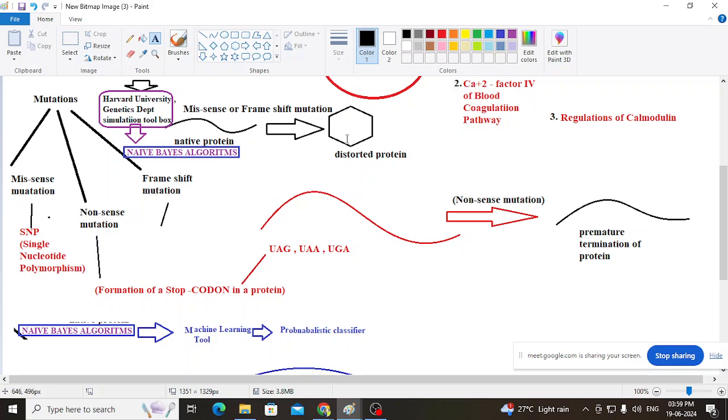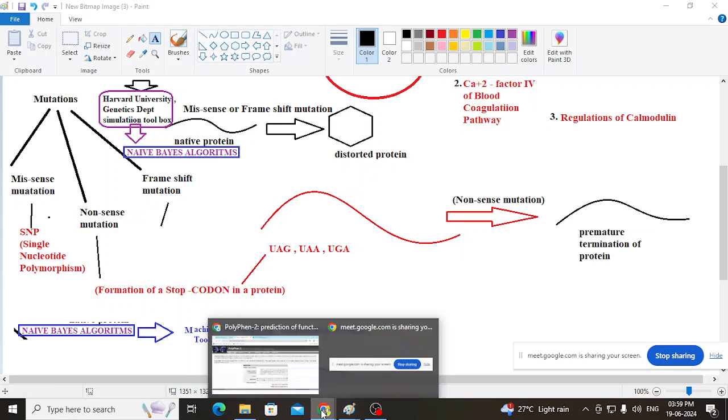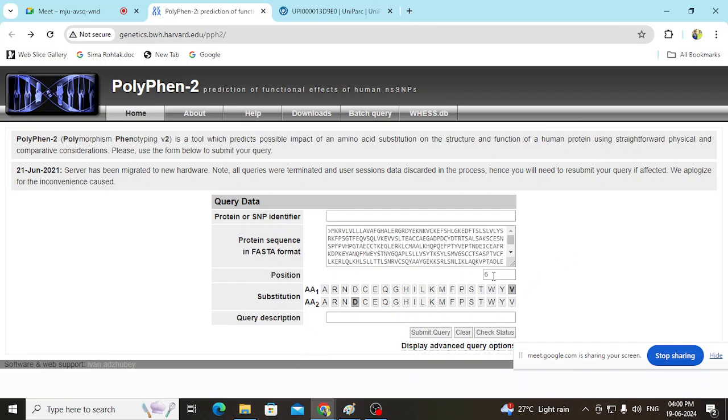So by this tool, which is a probabilistic classifier tool, we will try to figure out the impact of this mutation. The 6th amino acid in the native protein is valine. We are converting valine into aspartic acid. Now we will see what is the result.